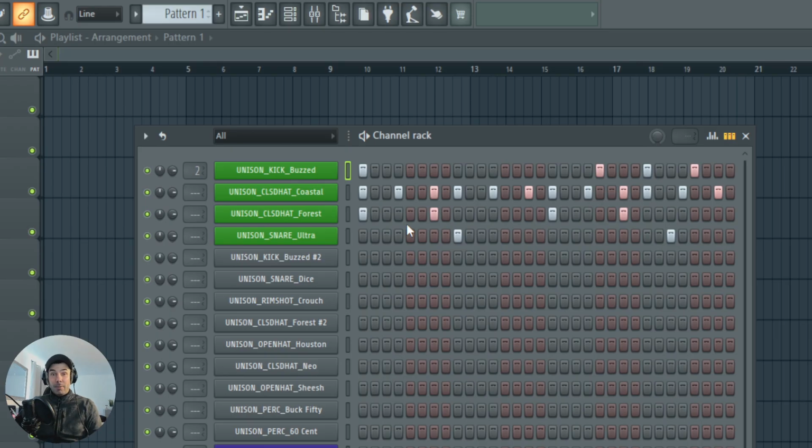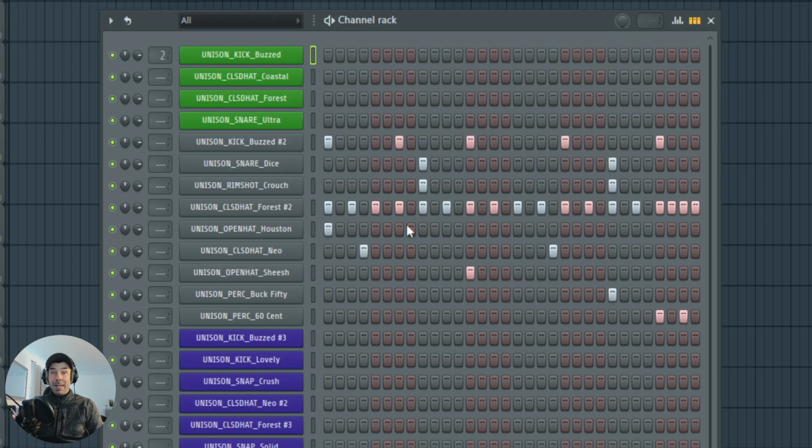So this is drum pattern 1. Drum pattern 2.